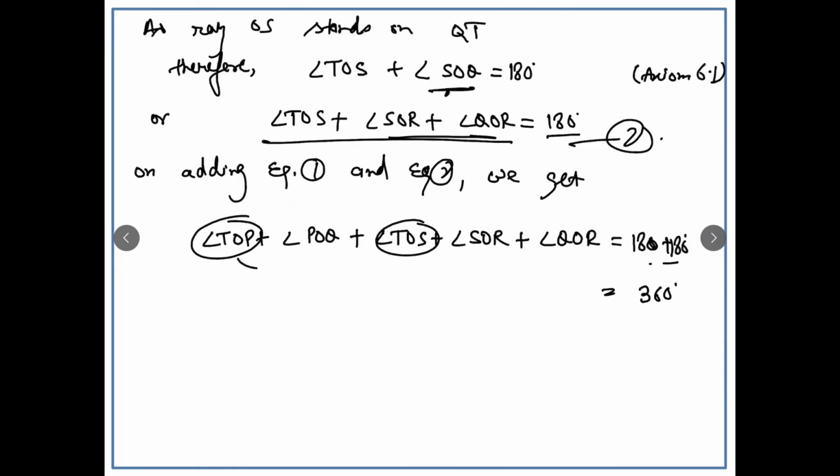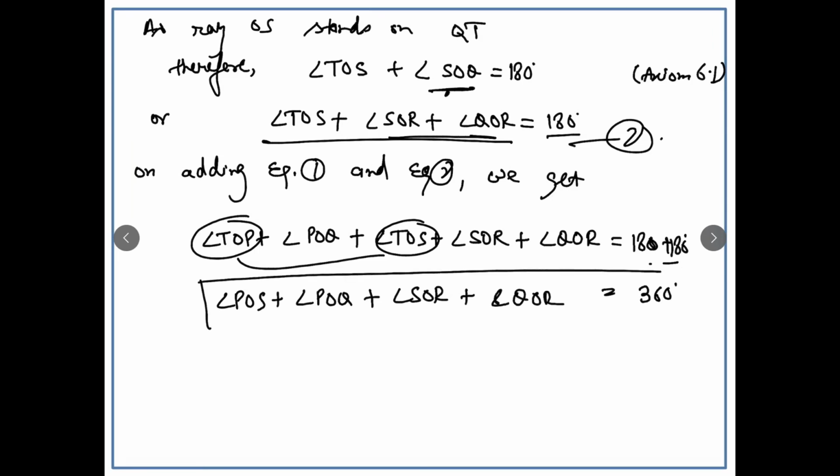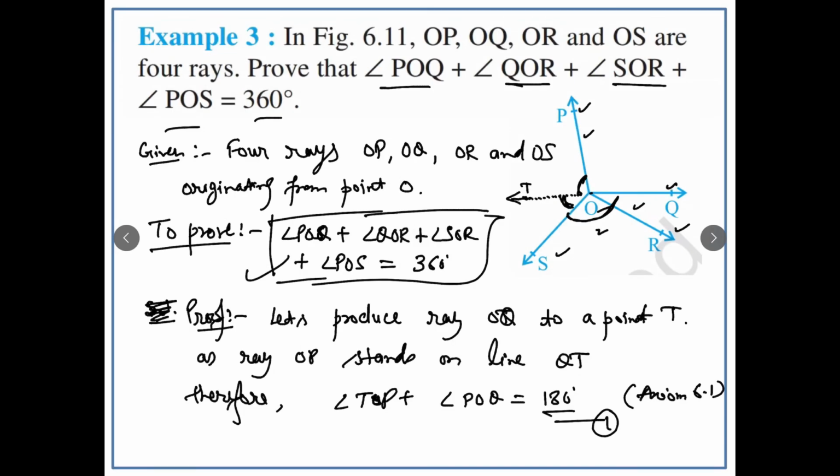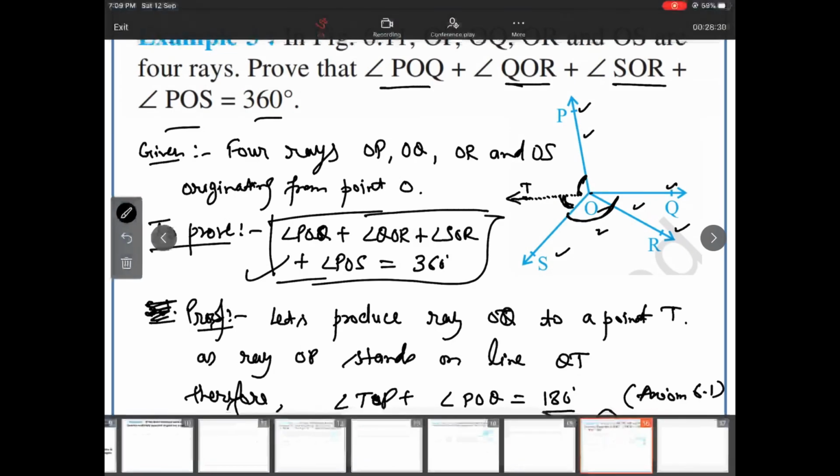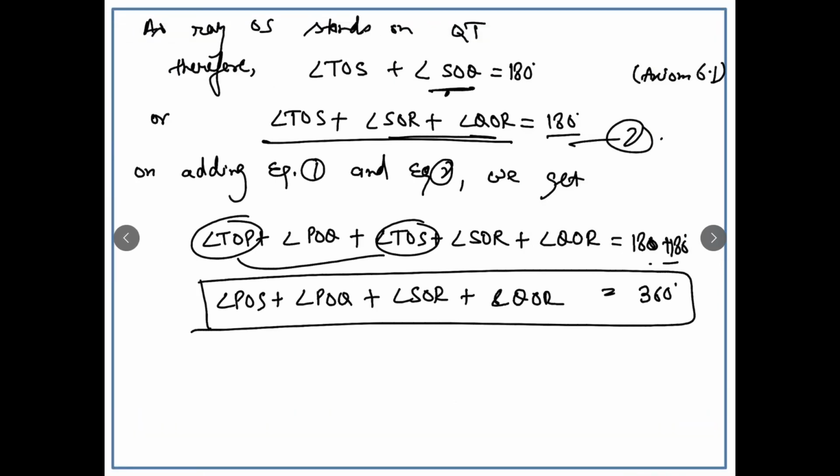So these two angles will result in angle POS, and let's write the remaining angles, which are angle POQ plus angle SOR plus angle QOR, and this results in 360 degree, and that's what we were asked to prove here. So we have proved that angle POS plus angle POQ plus SOR plus QOR is equal to 360 degree.